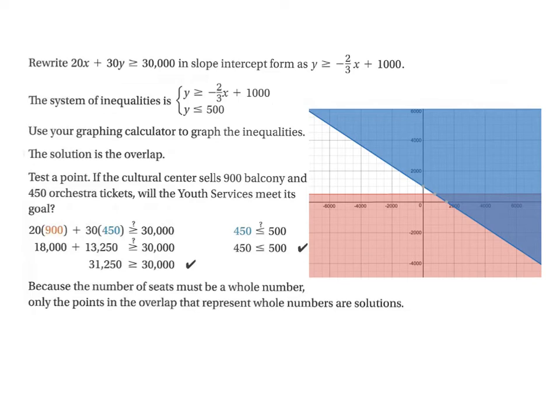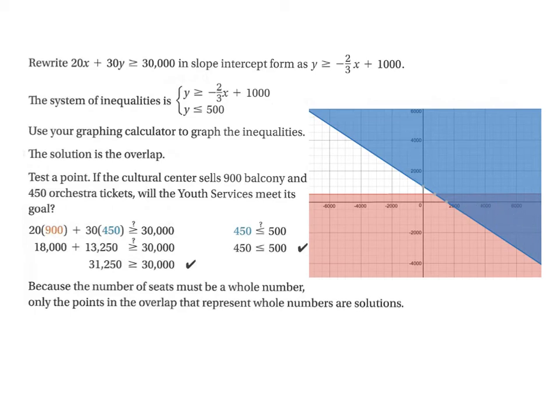So here we have our graph. The blue shading is the money one, where we are set equal to the $30,000. The red shading is the orchestra seats. And you see that right over here is my overlap.